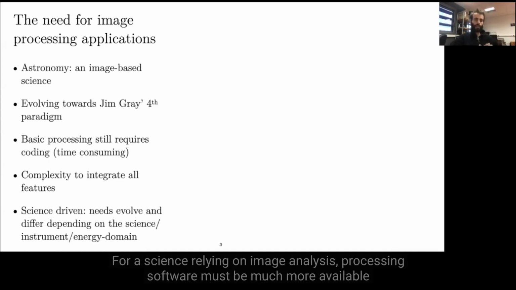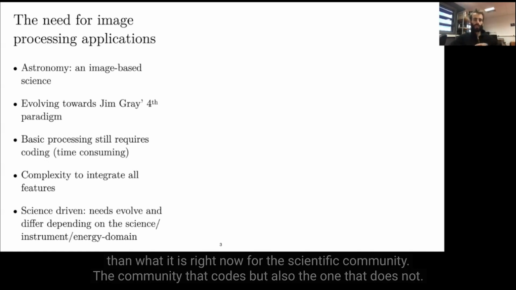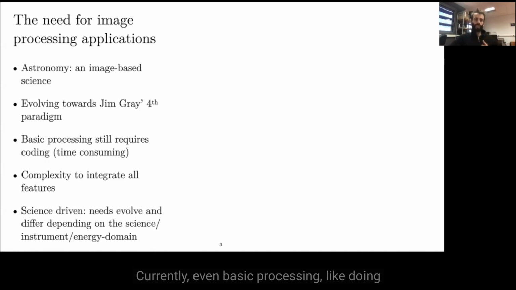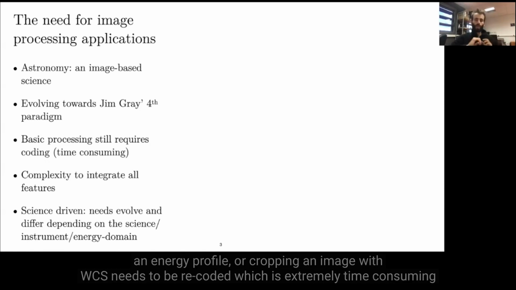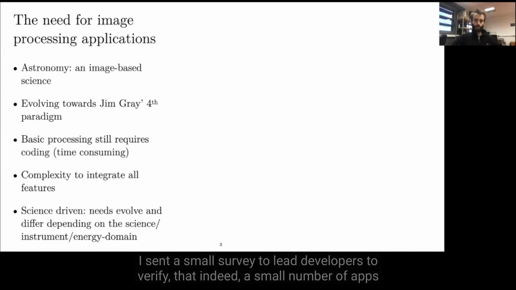And for science relying on image analysis, processing software must be much more available than it is right now for the scientific community, and the community that codes, but also the one that does not. Currently, even basic processing, like doing a radial or energy profile or cropping an image with WCS, needs to be recoded, which is extremely time consuming.